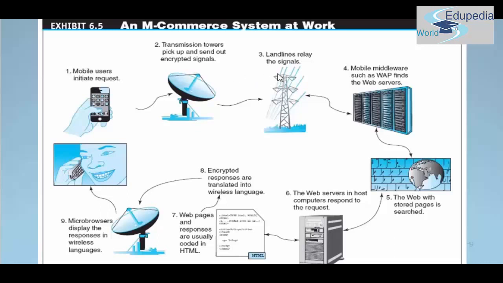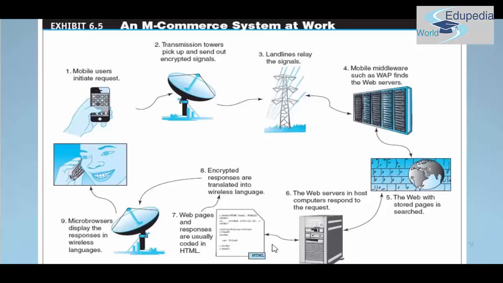Then landlines relay the signals. Mobile middleware such as wide area networks finds the web servers. Then you have the web with store pages, and the web is searched. The web servers and host computers respond to the request.